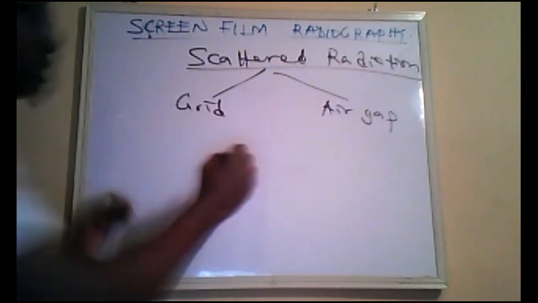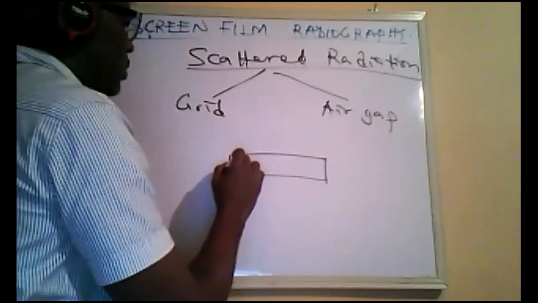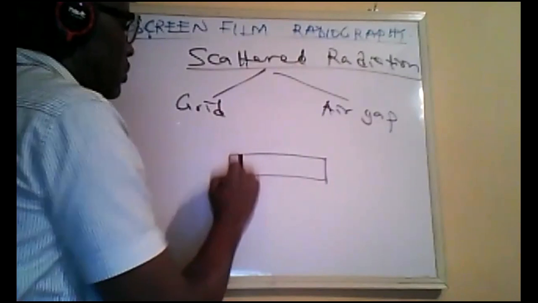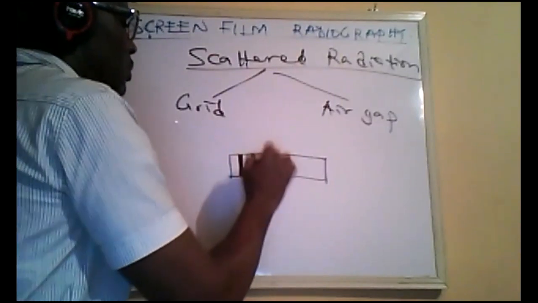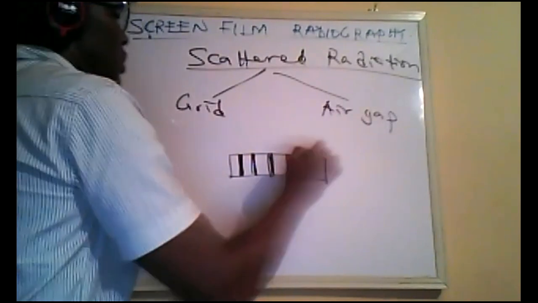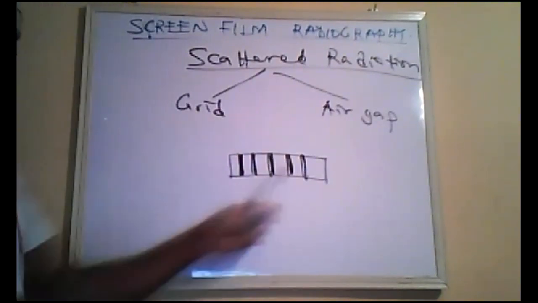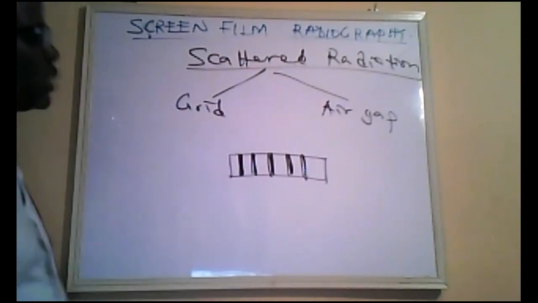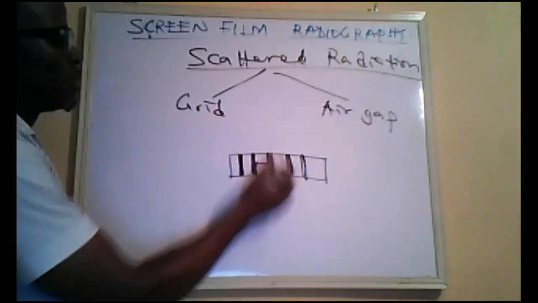And we come to grid. Grid is just a horizontal pattern that has got a space in between some lead strips.